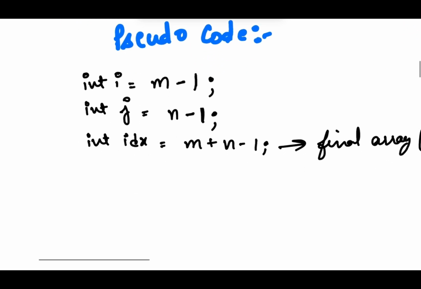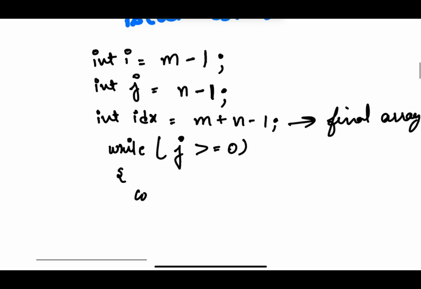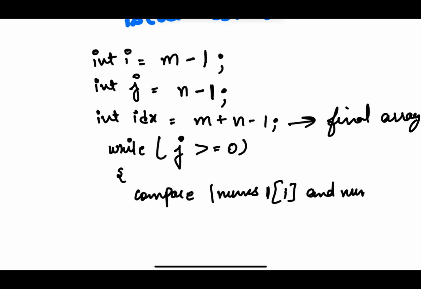Okay, next we will apply one loop, and this loop will run till j is greater than or equal to 0. Next, what we were doing, compare nums1 at I and nums2 at j.